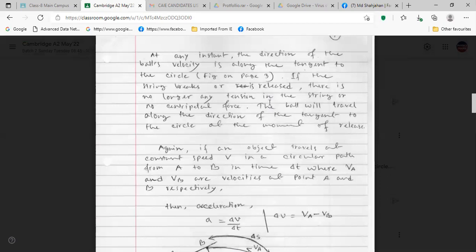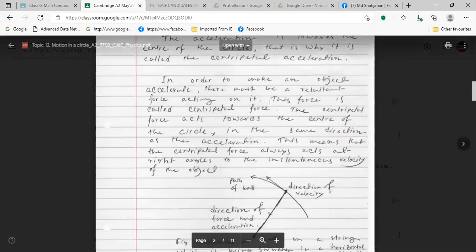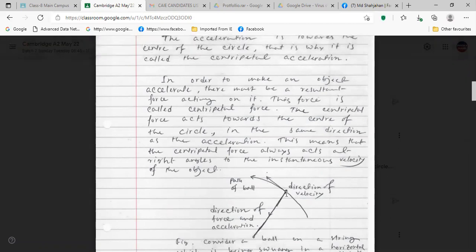So this one is said here that it is going through the tangent, right? Look here, the direction of velocity is along the tangent of the circumference at any point.